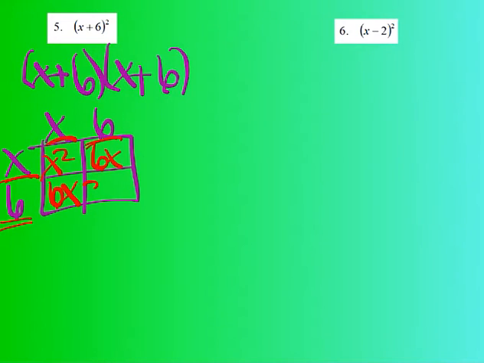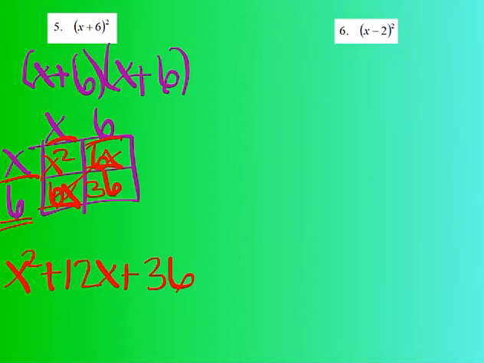And then 6 times 6 is going to give me 36. So to start off with, I have x squared, and then I have 6x and 6x. I can combine those two like terms, so that's going to become 12x plus 36. So that's my final answer for number 5.